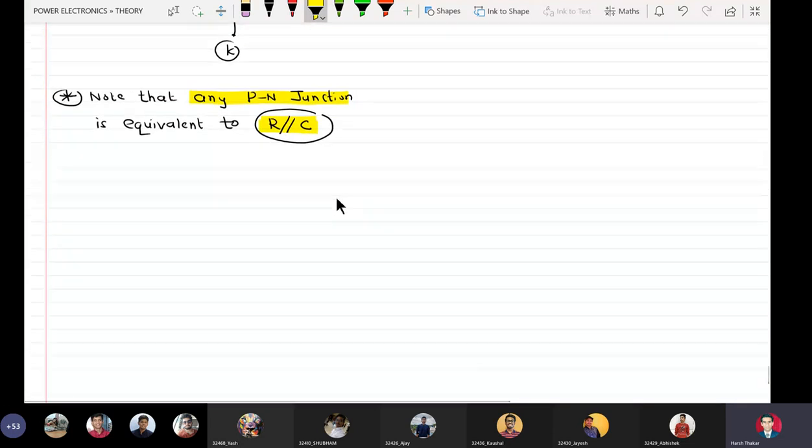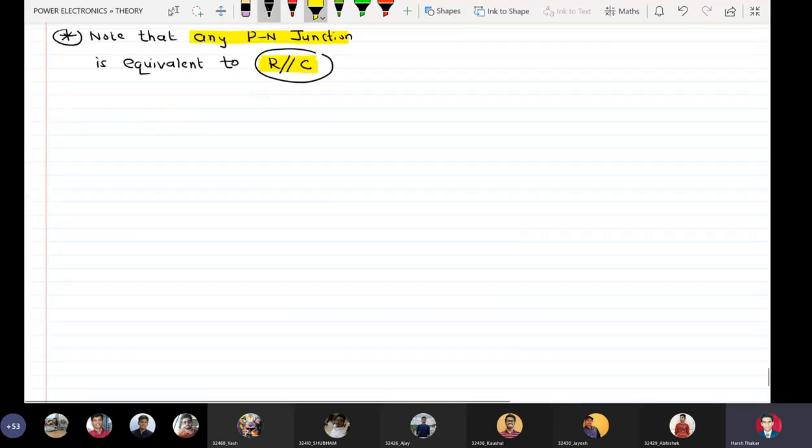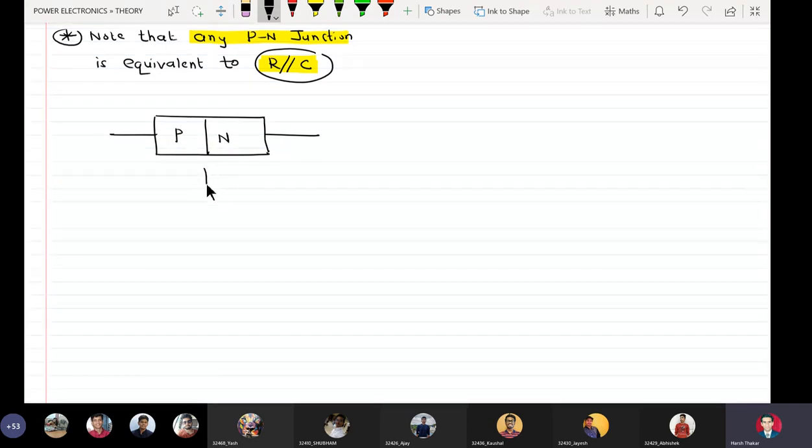In other words, I can say that this particular PN junction indicated like this, P and N, is nothing but equal to a resistor in parallel with a capacitor.